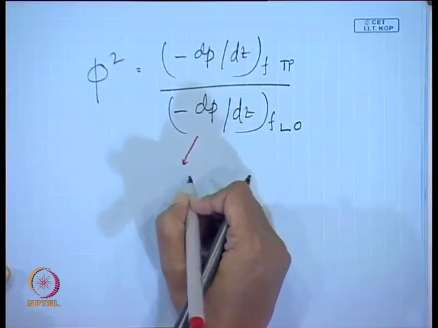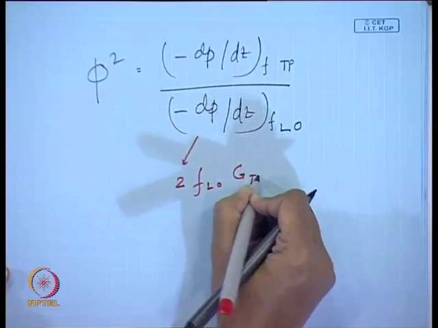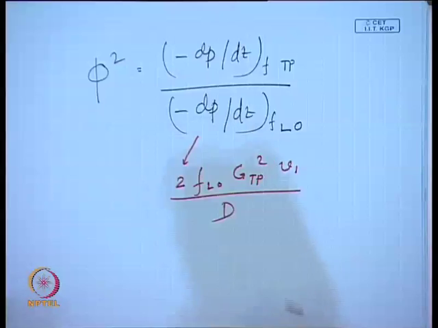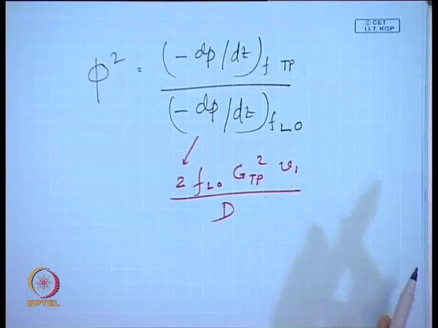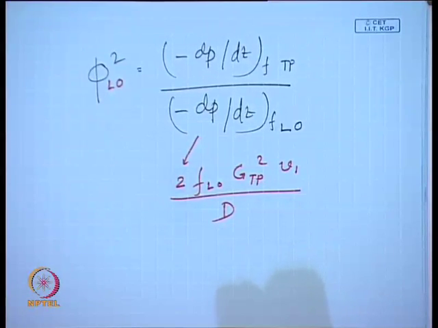It will be 2 F_LO G square Tp V1 by D, which we have obtained so long, correct. This correction factor is known as phi square LO. Do you get my point?